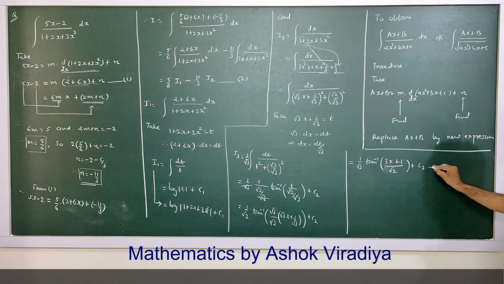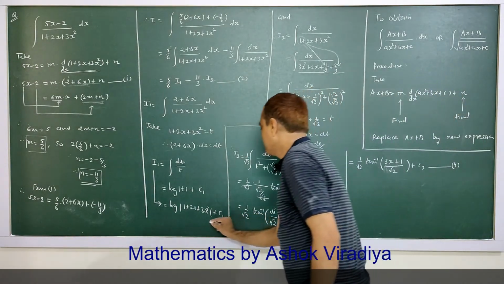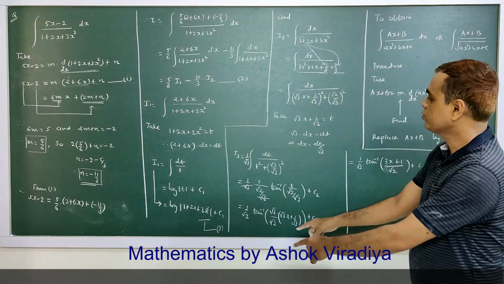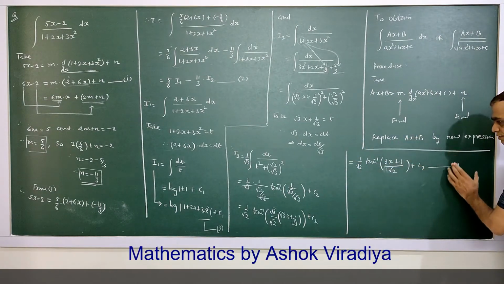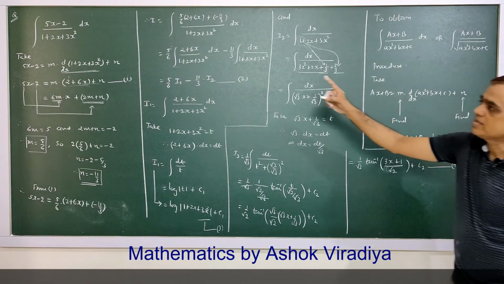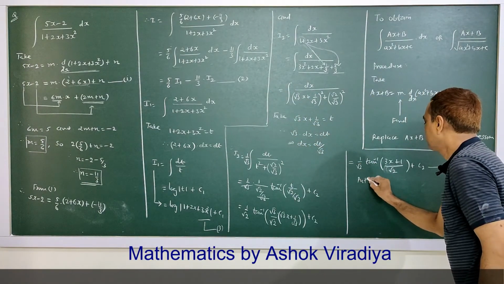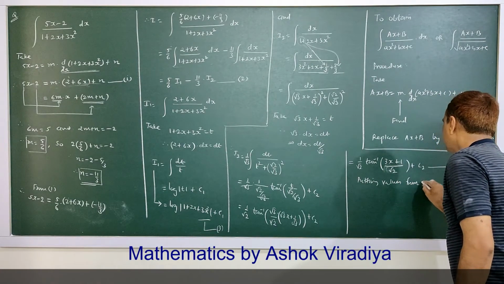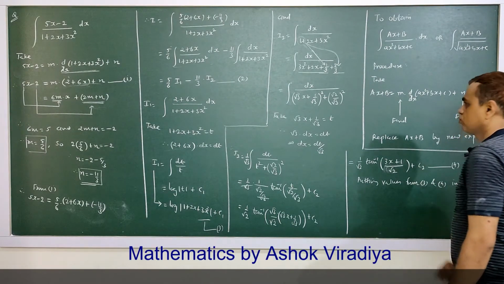So this is value of I2. Let me say this value equation 4, this value equation 3. So putting values of I1 from 3 and value of I2 from 4 in equation 2.